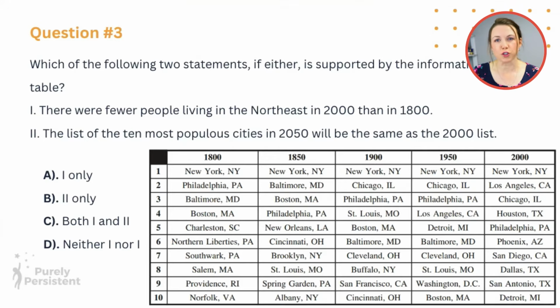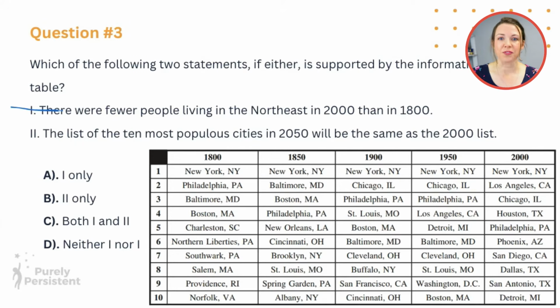And so this chart here does not indicate the actual population. So the population is actually probably significantly more now in the 2000s than it was in the 1800s. But there are other cities within the United States that are more populous and other regions that are more populous. So this doesn't really indicate anything because it doesn't have those specific numbers.